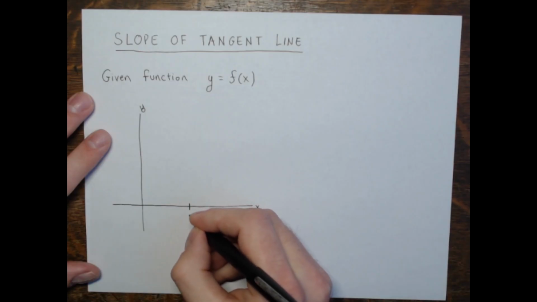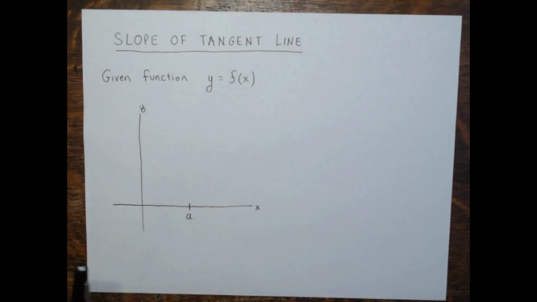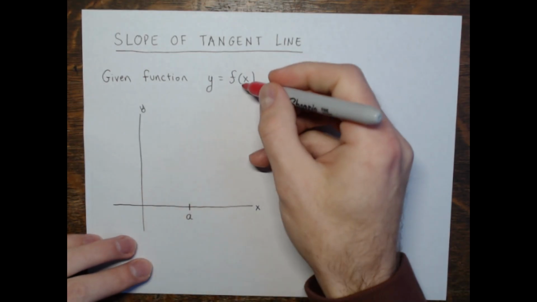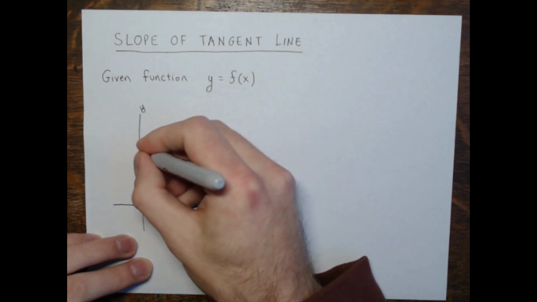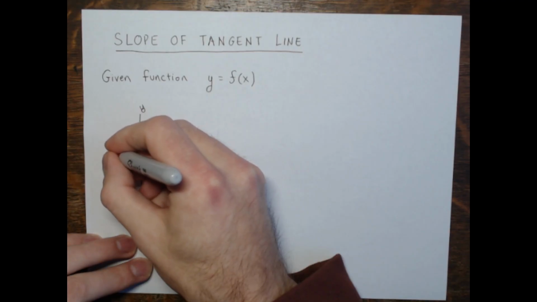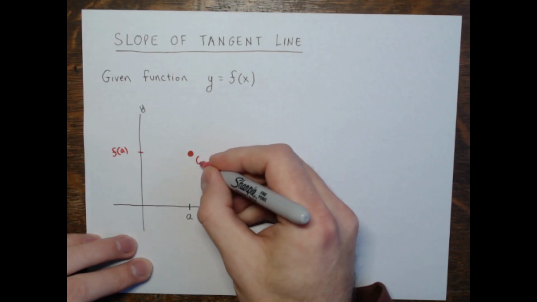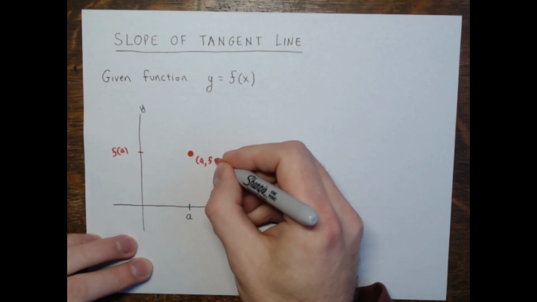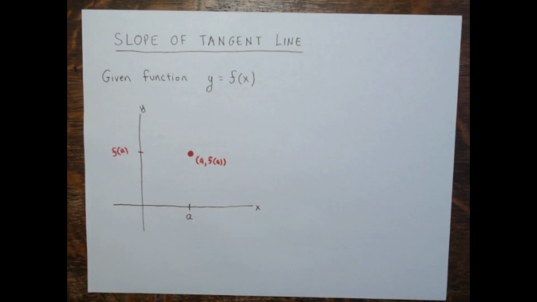It doesn't have to be, but here's, say, x equals a, and I plug it into f at that point. So here's the output, f of a. All right, so here's the point (a, f of a) on the graph of some function.